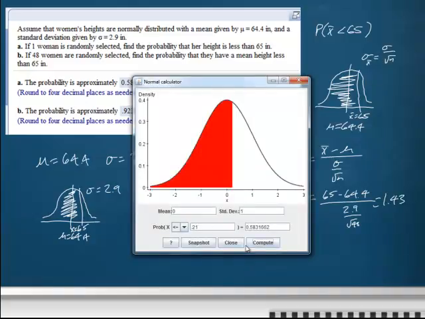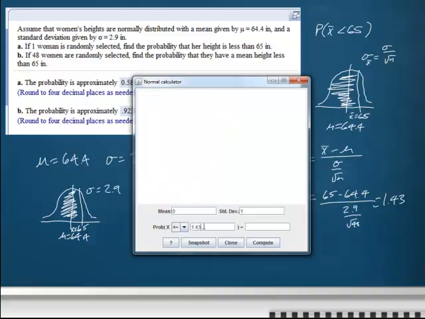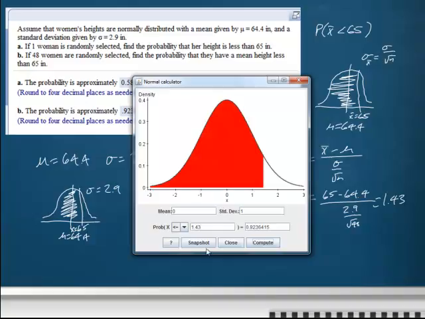So we go back to our calculator here. Again, we've standardized, so the mean is 0, the standard deviation is 1, but now our z-value is 1.43. Hit compute, and we're still leaving this at less than or equal to, because that's what we have in our picture. And then this shaded area now is 0.9236.